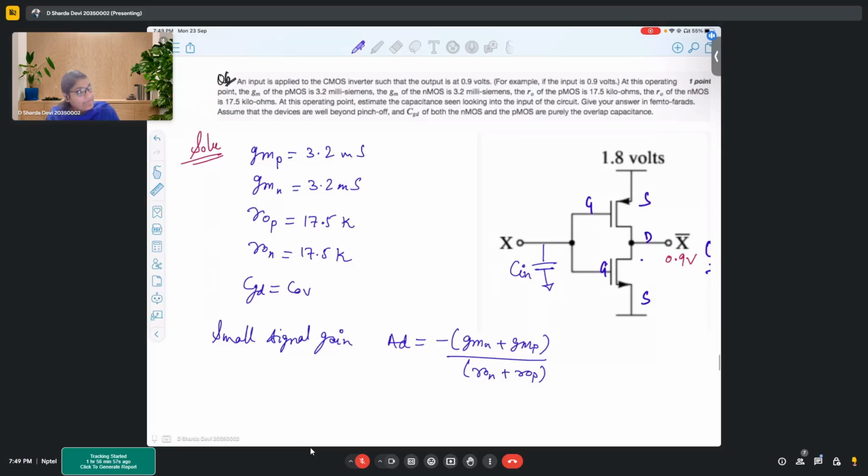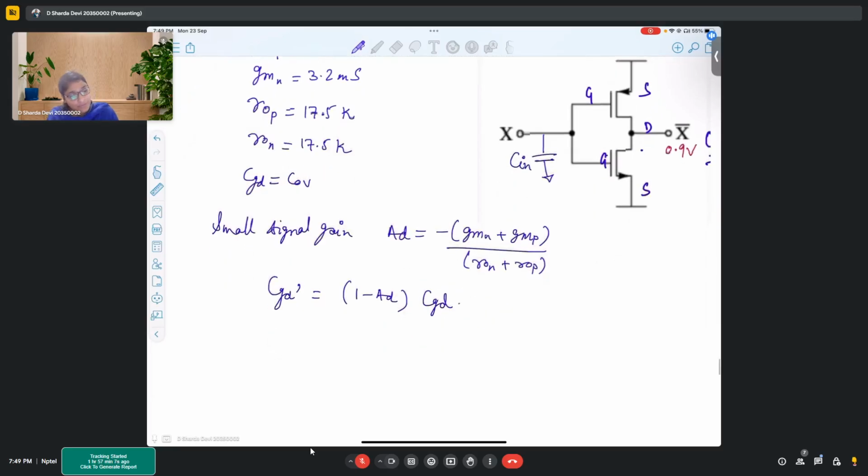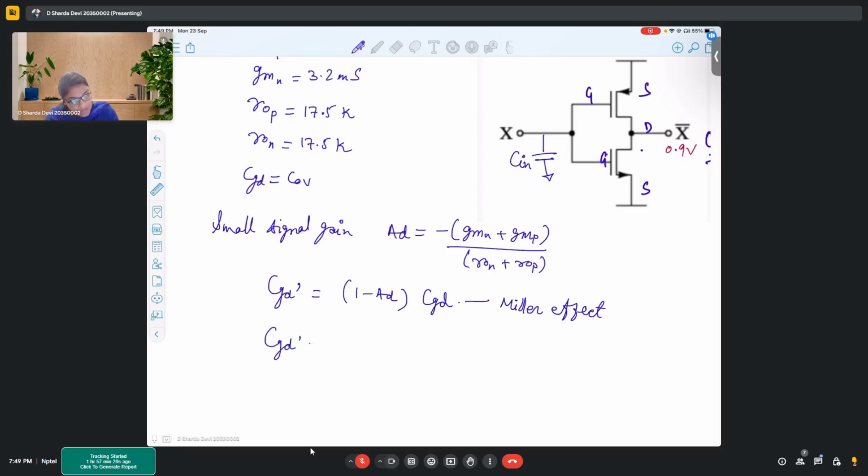This is your AD, and we know that CGD dash is 1 minus AD into CGD from the Miller effect. Now, CGD dash is 1 plus AD magnitude times CGD.